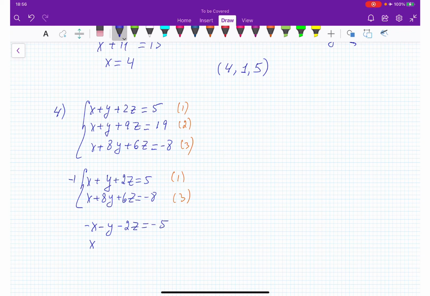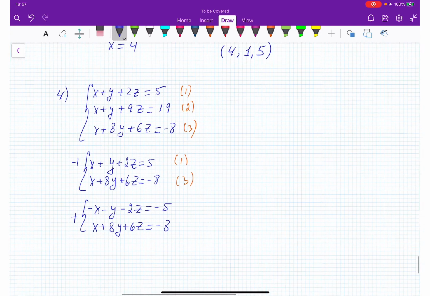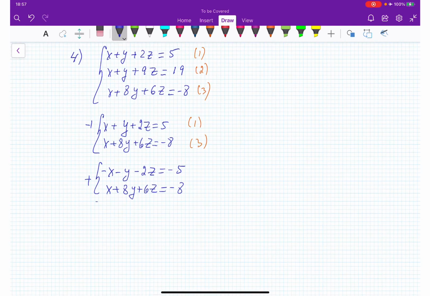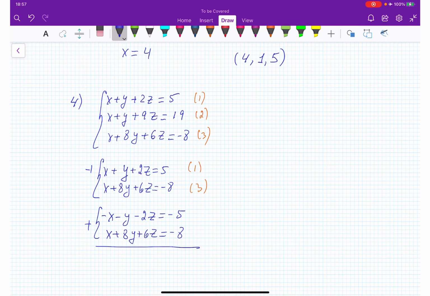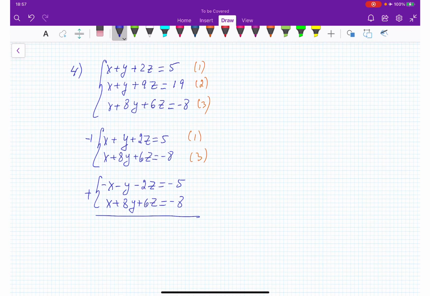And third one, x plus 8y plus 6z is equal negative 8. Very good. Once we add, now when I'm looking, maybe it would be a smarter idea to add first and second, because this way I would get rid of x and y. But that's all right, because we are going to solve it. With a system of equations, you can solve it so many ways.